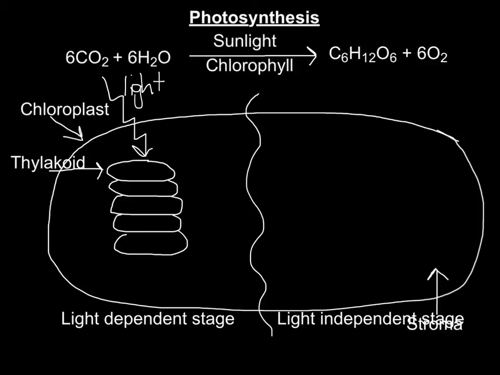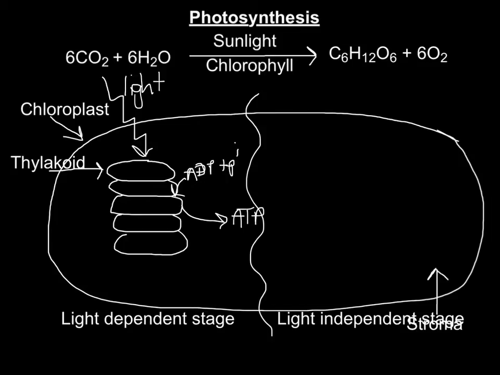So what we have is ADP plus inorganic phosphate coming in, and by using the energy provided by sunlight, we've got enough energy to attach the phosphate to ADP, which, as you guys will already know, will make us some ATP. And ATP is very, very important, well, for everything, but particularly the light-independent stage, because it won't work if it doesn't have energy in the form of ATP.